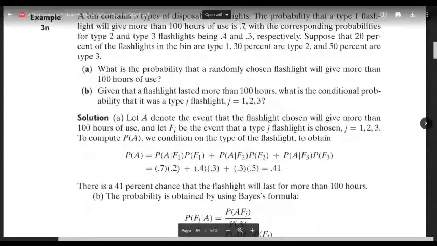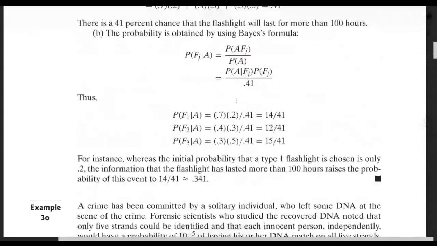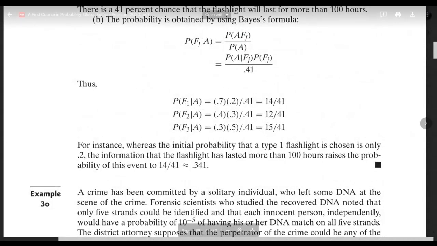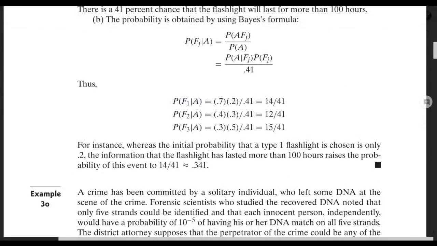Then just plug in the given numbers in the context, right? So we get those 3 numbers. Hence, for the first type, for the second type, for the third type, we get all those different numbers.